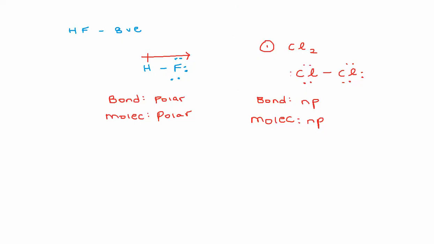Let's look at one last one. If I have CBr4, that's 4 valence electrons for carbon and 28 from the bromine, so a total of 32. This is going to look like this. Remember to draw it properly with a tetrahedral shape.